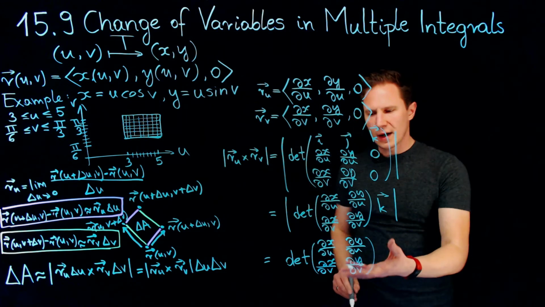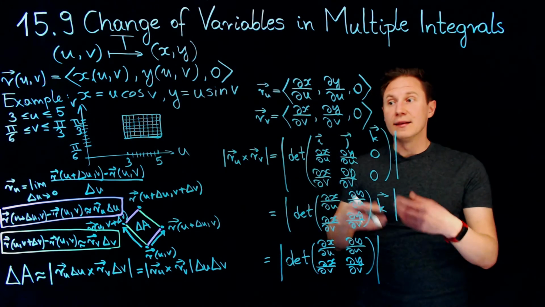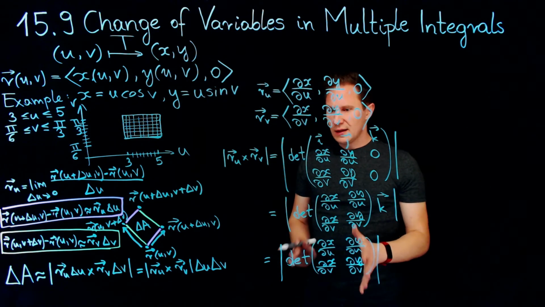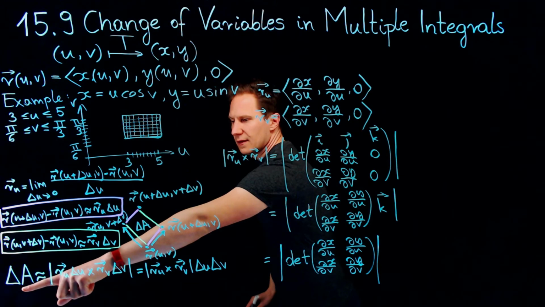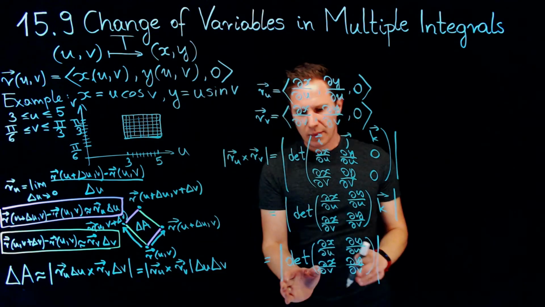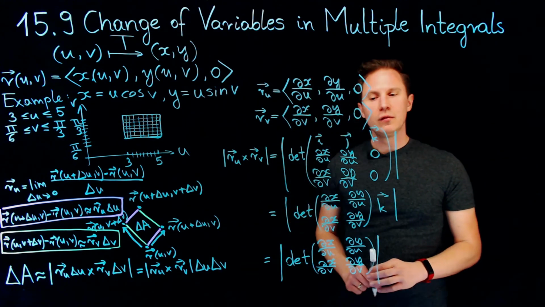So we take its absolute value to get the length of that vector. Now we see that this small area, delta A, can be approximated by the absolute value of this 2x2 determinant times du dv.